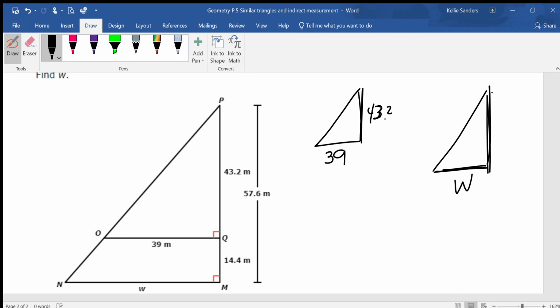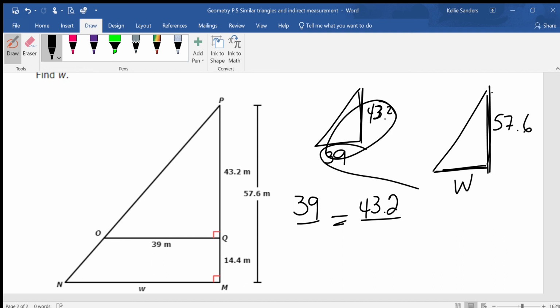And it's not 14.4, it's 57.6. So 39 and 43.2, since they're in the same triangle, 39 and W, because they're in the same spot. 57.6 times 39 divided by 43.2, 52.